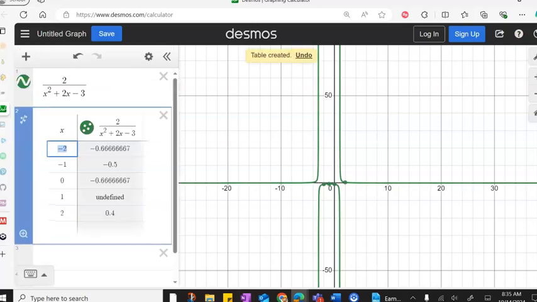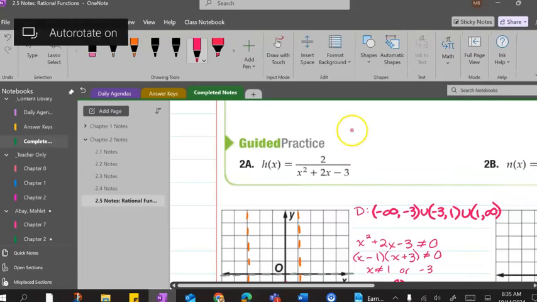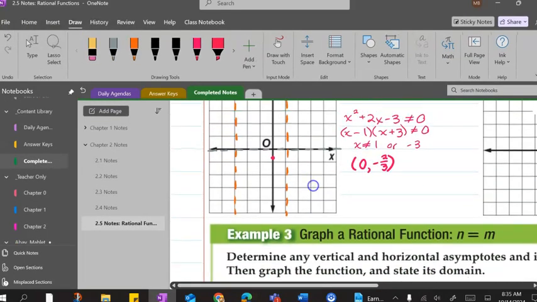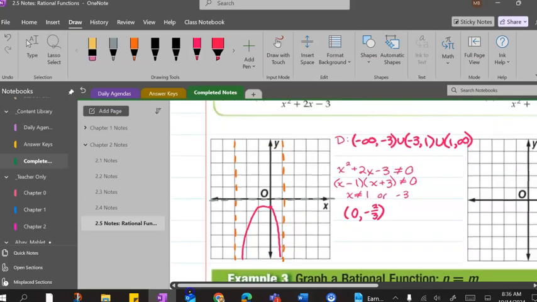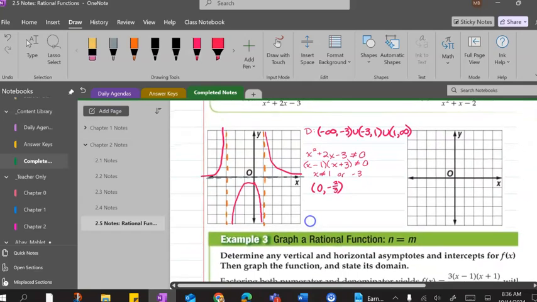You can see a few more points that you could plot. -1, -0.5. 0, we already have that one. Okay, so you kind of get an idea of where this is going to be. We're going to have points right here. And then we also have a branch up here and a branch over here. And we've graphed it.